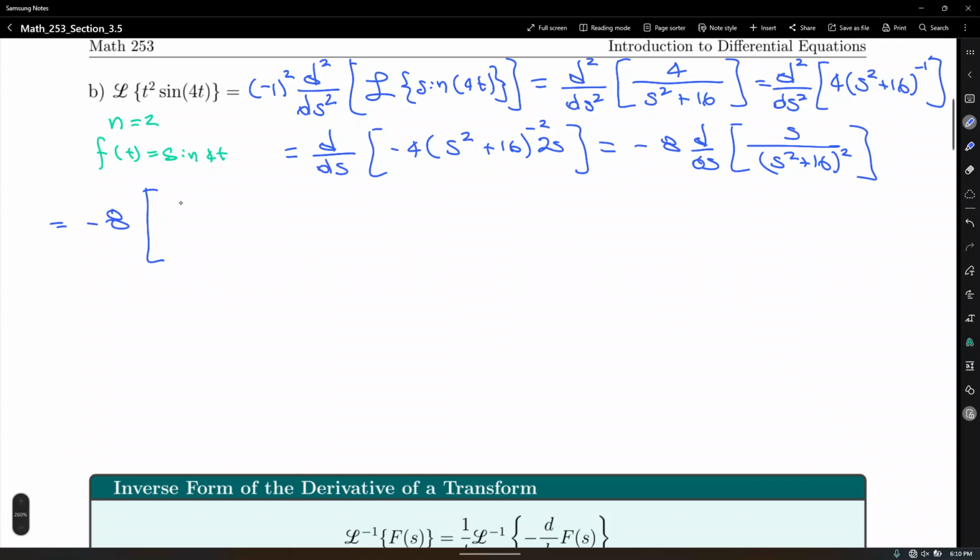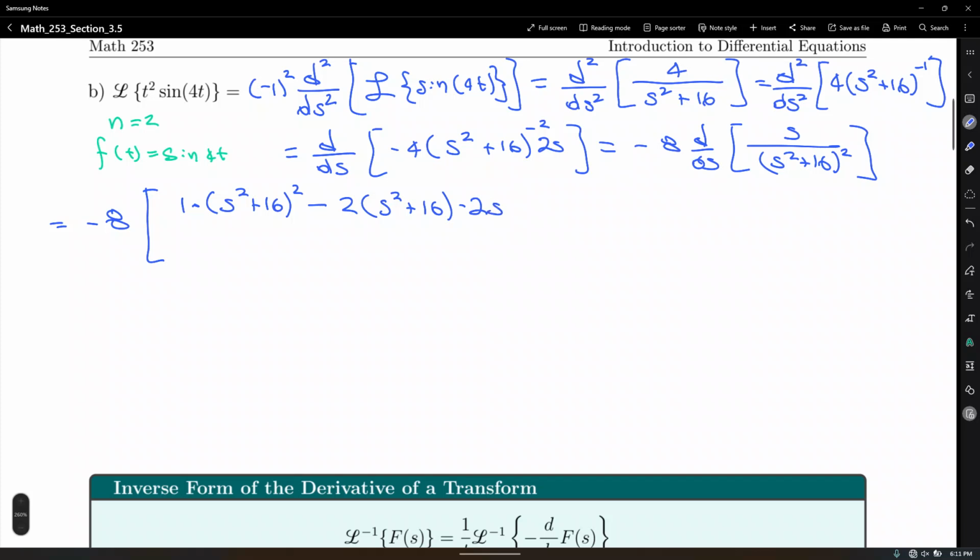The derivative of s, which is 1, times the denominator, (s squared plus 16) quantity squared, minus the derivative of the denominator. Be careful, it will require another chain rule. So 2 times (s squared plus 16) to the 2 minus 1, which is just 1, times by chain rule, that's 2s.